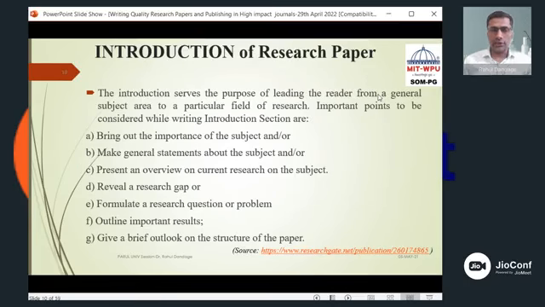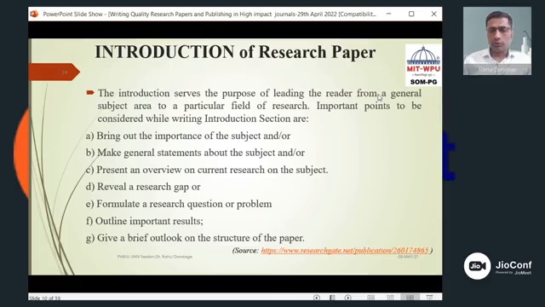Then the next section is about the introduction of your paper. As we have seen in the diagram, we should start with the generalized subject area, and then narrow down to the confined area for research work, the particular area for research. We should try to mention whatever literature is available, whatever previous research was carried out in the specific area, what the research gap is, and what research problems or questions we have framed.